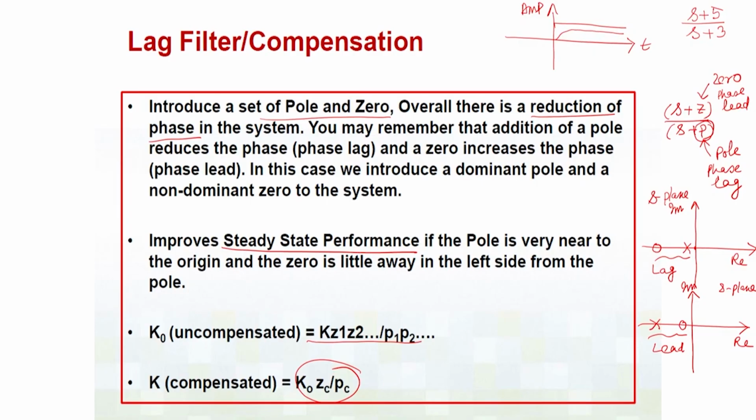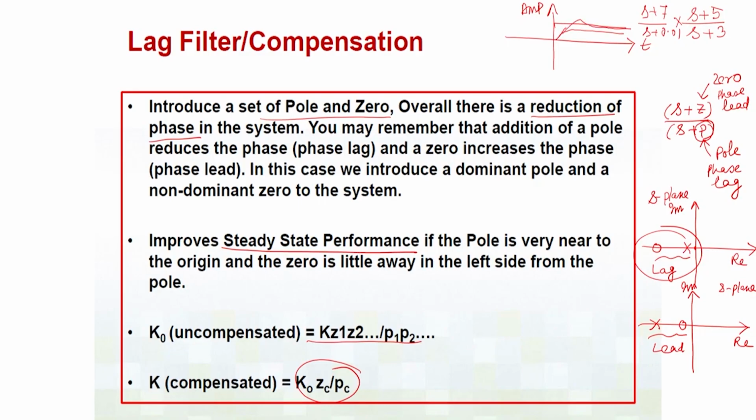On the other hand, if you now actually integrate this lag combination, something like, let us say, the zero is far away, so I can still keep some S here, S plus 7 by S plus 0.01. Then, if you look at the response of the system corresponding to this, you would see that it is almost going to follow the command.